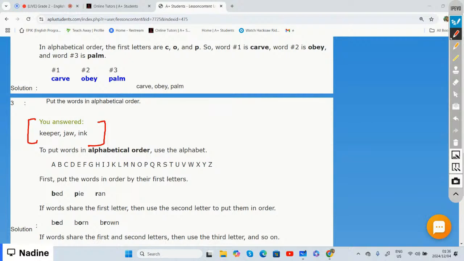All right. So if we were to put those three words in order, here we have K for keeper, J for jaw, and we have I for ink. Which one comes first? Look at the alphabet.